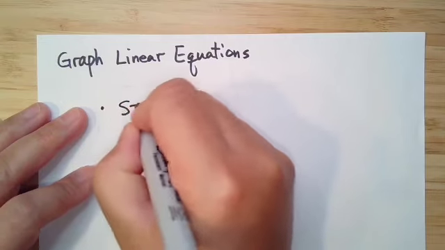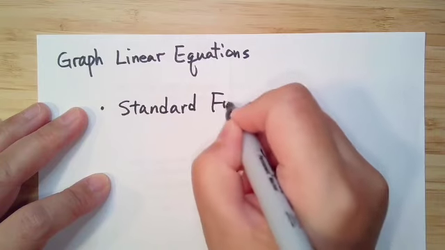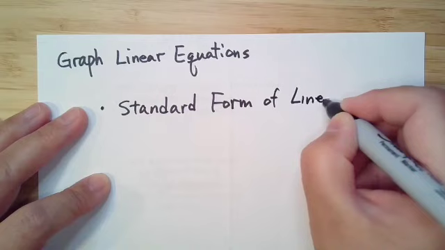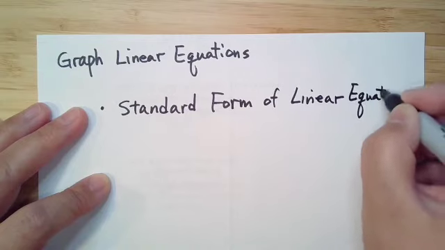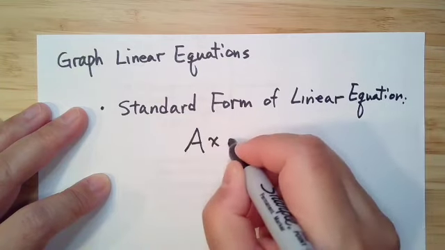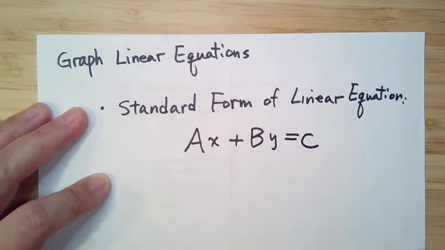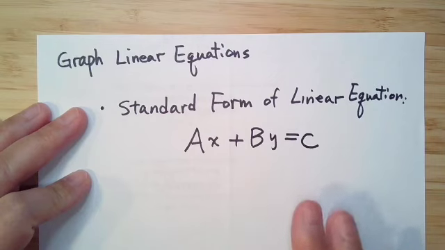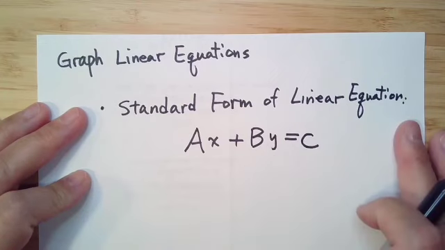This is called the standard form of a linear equation. It looks like this: ax plus by equals c. All linear equations look like this. That is the standard form of a linear equation.